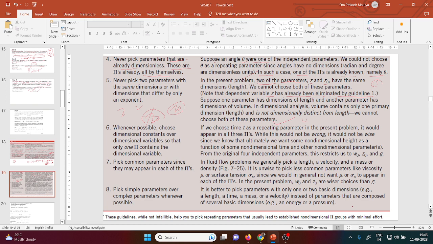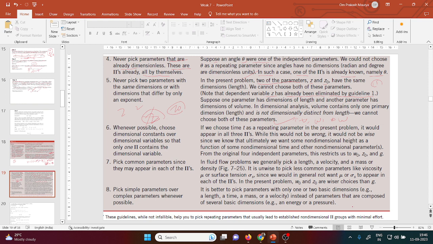If volume and width are there, you can go for only one of them, not both, because both things involve only length.